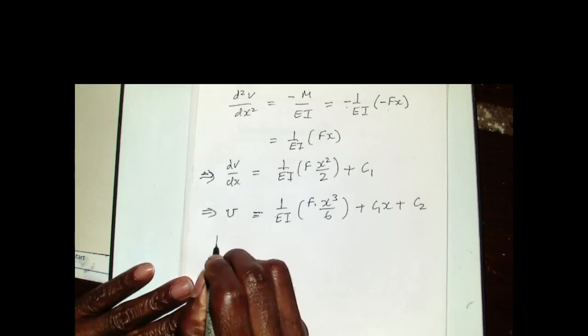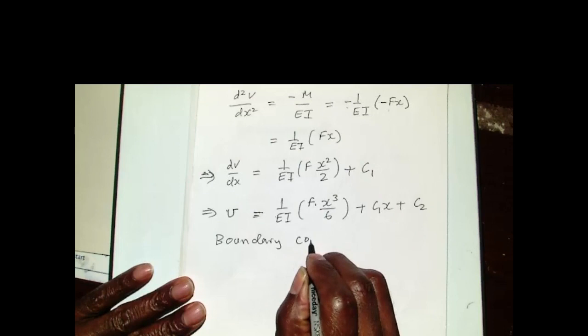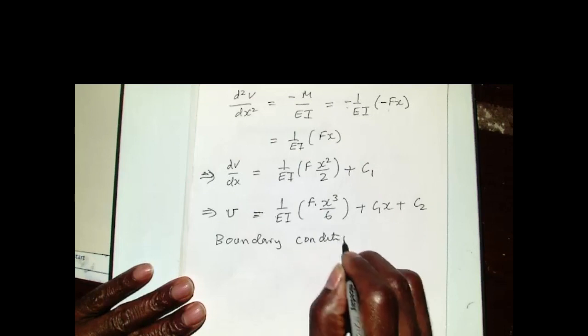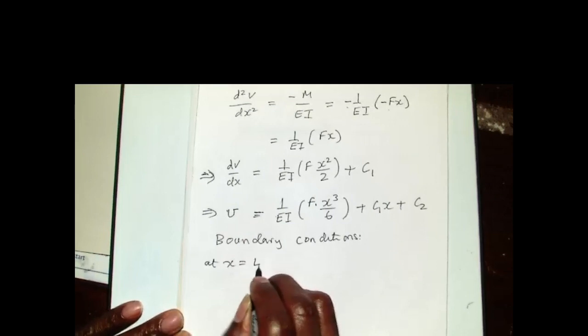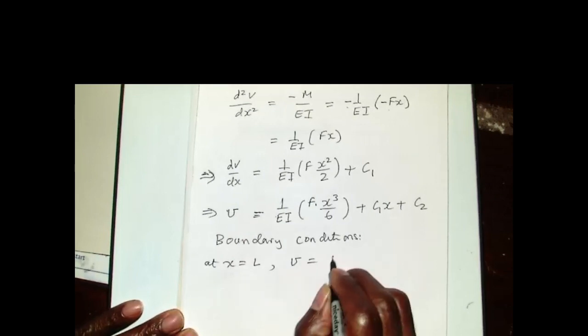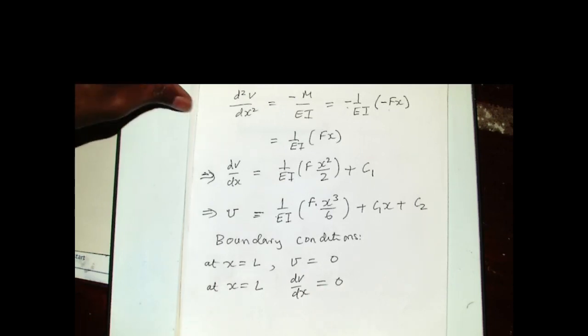So we'll put out our boundary conditions, that is what you know at the boundaries. At x equals L, V equals 0, and at x equals L, dv dx equals 0, because there is no rotation and no deflection at that support.